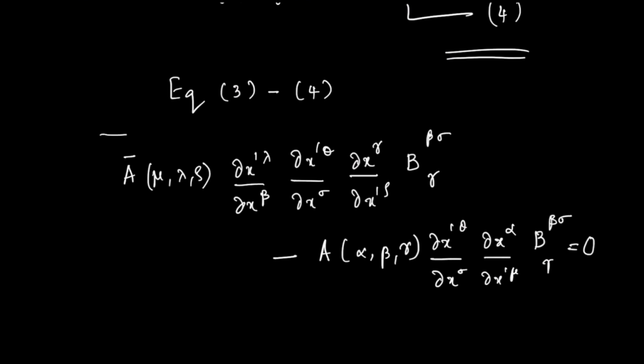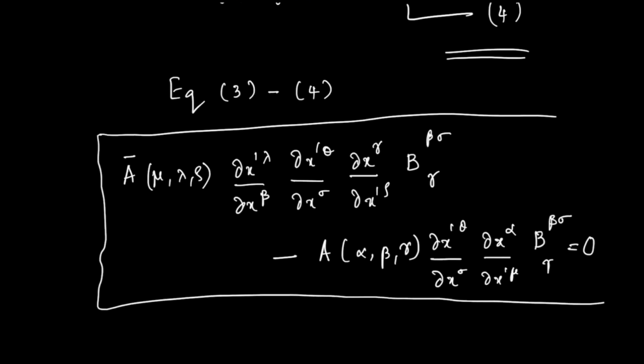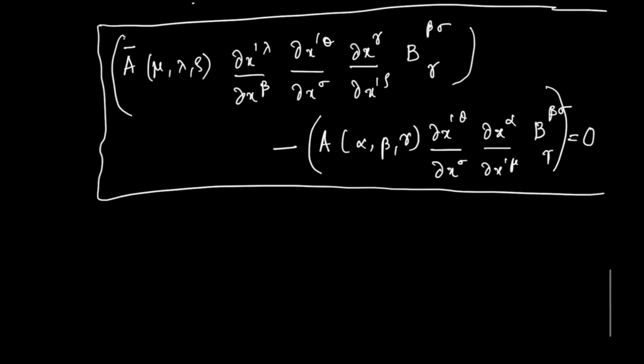So you'll get an equation like this. This quantity minus this quantity is equal to 0. Here we can take certain terms common, right?